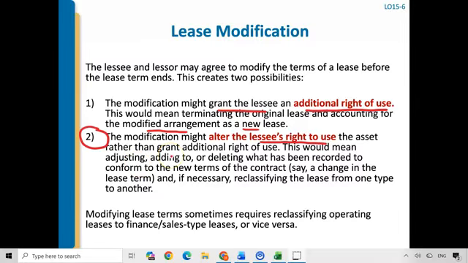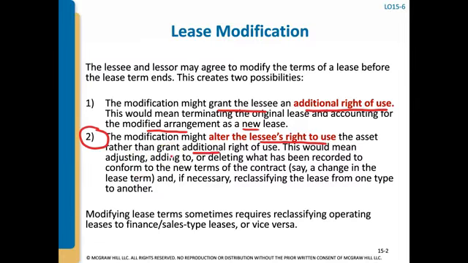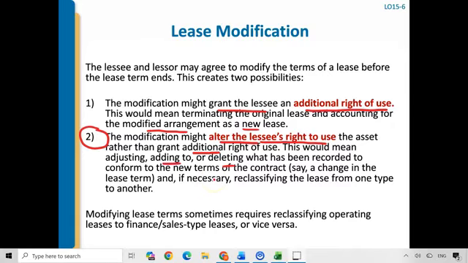However, there might be a situation where, rather than granting an additional right of use, the lessee and lessor agree that there just needs to be a modification that might alter the lessee's right of use, not actually adding a right of use.